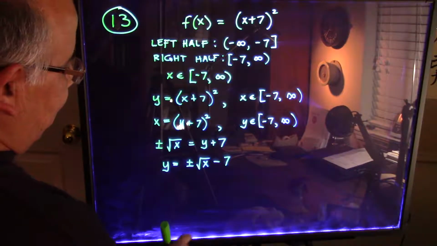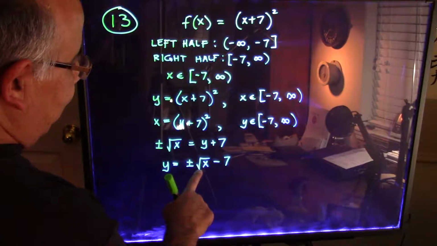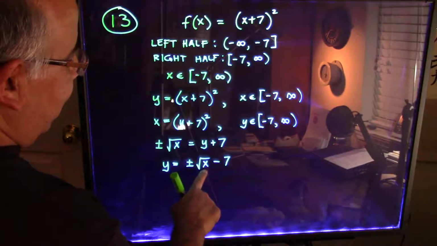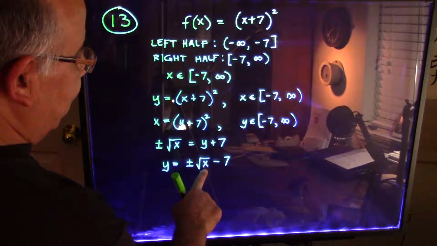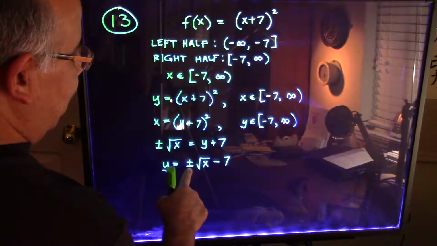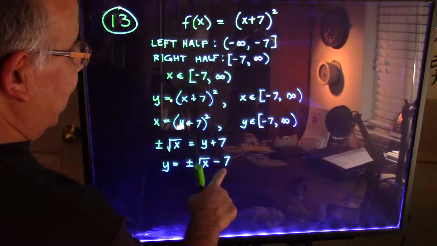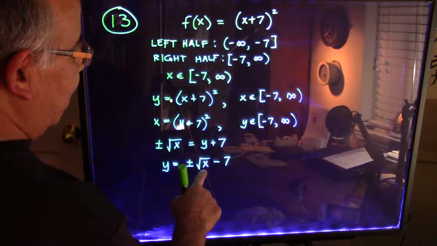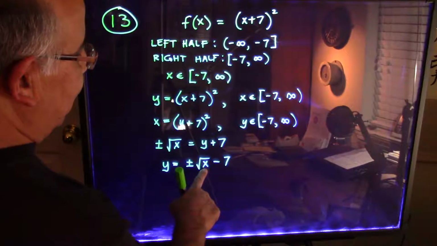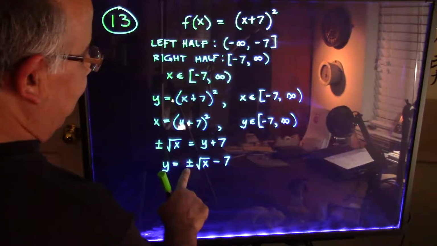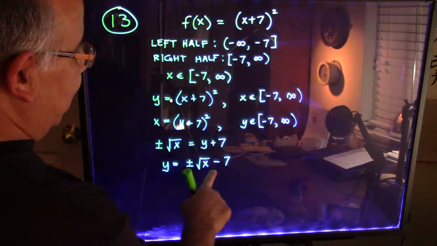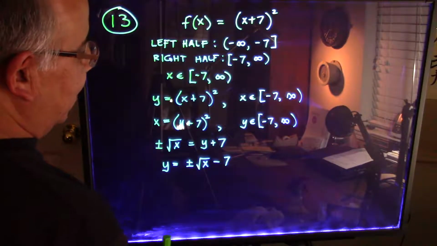Okay? So in order for that to be true, if you have the negative square root here, and you've got either 0 or some positive number, then if that's a negative, it's going to be less than negative 7. Well, if it's 0, it's going to equal negative 7, but if it's some positive number in here, and you've got the negative square root of that positive number, then it's going to be a negative number which is less than negative 7.